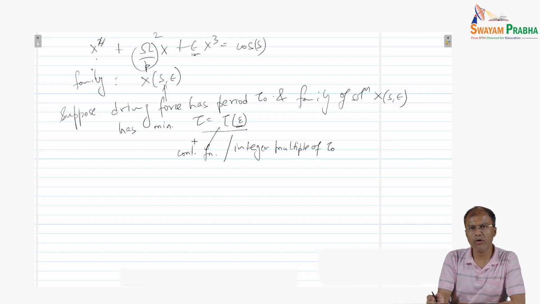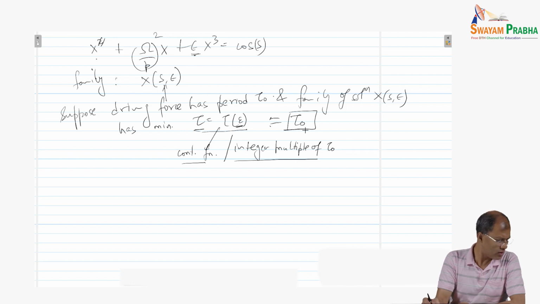So tau is tau naught, or 2 tau naught, or 3 tau naught, and so on. Both of these can only be possible when tau is equal to tau naught, which is a constant. So our period has to be a constant tau naught, and we can check quickly that tau naught is 2 pi here.